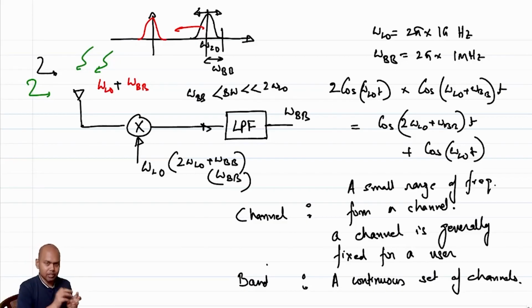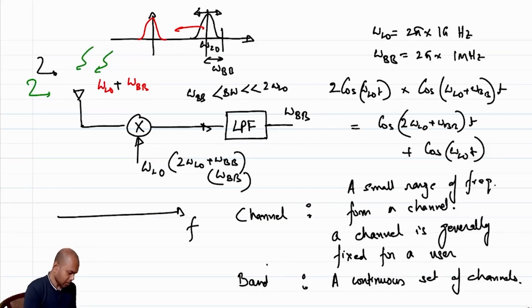And typically the transmission bands and the receiver bands are separated by some sort of a stopgap, right? So as far as design is concerned, if I draw it in the spectrum, if this is F, you can think of a continuous spectrum.